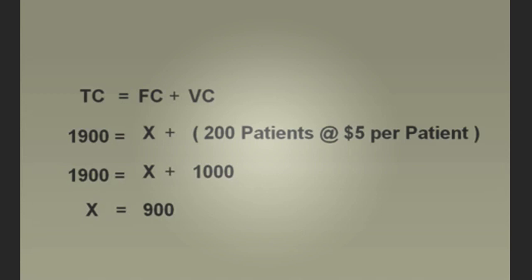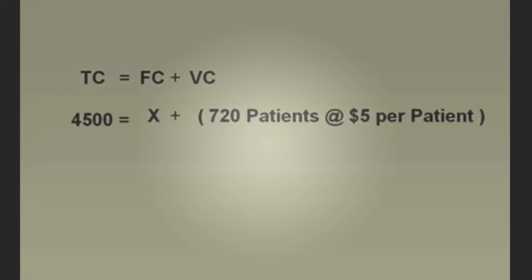To prove it, let's take the high month and see if you get the same answer. Go back again. Total cost equals fixed cost plus variable cost. The cost was 4,500 equals fixed cost, take it as X, plus variable cost.